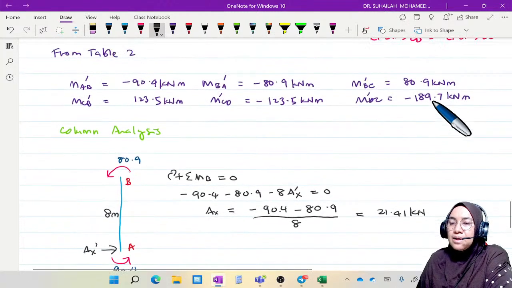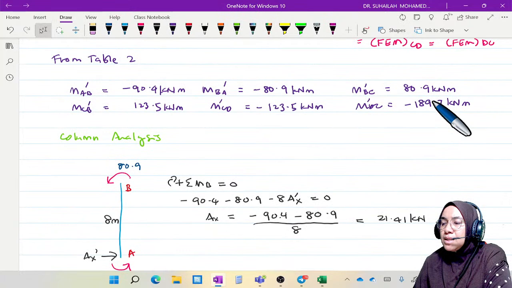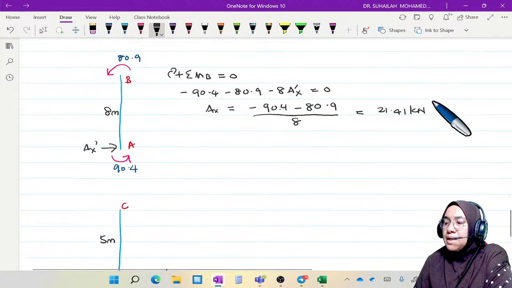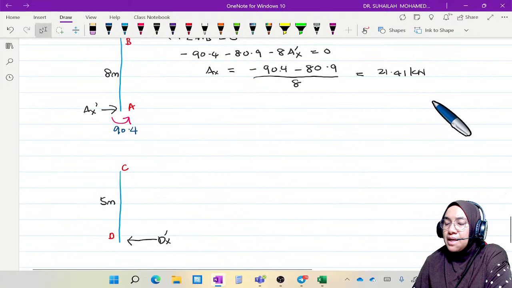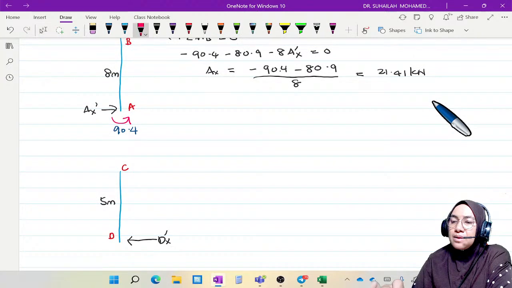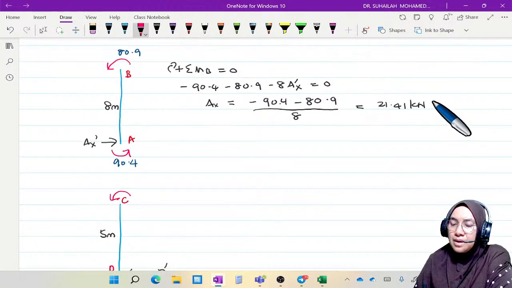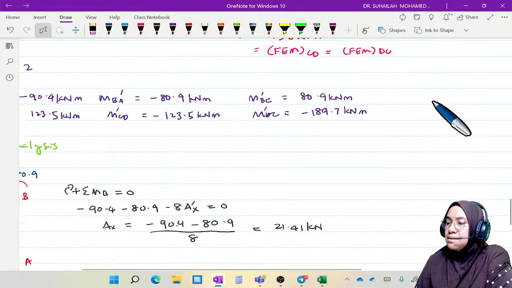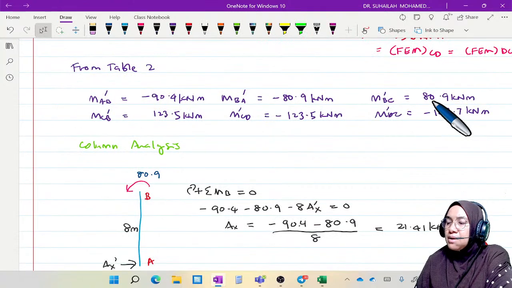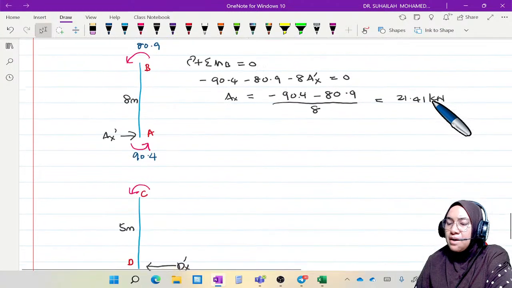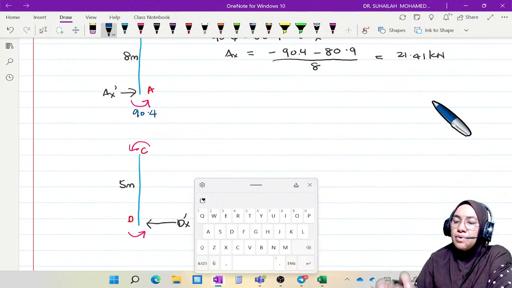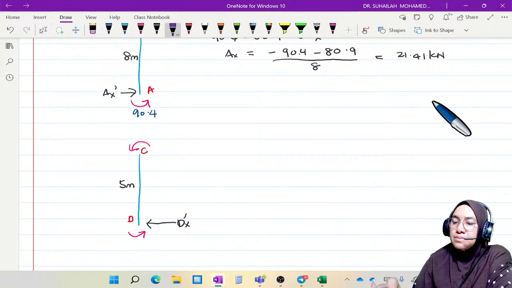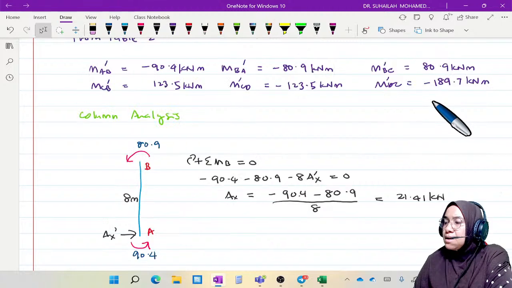We have the moments, both negative. At C we have 123.5, and at D 189.7.